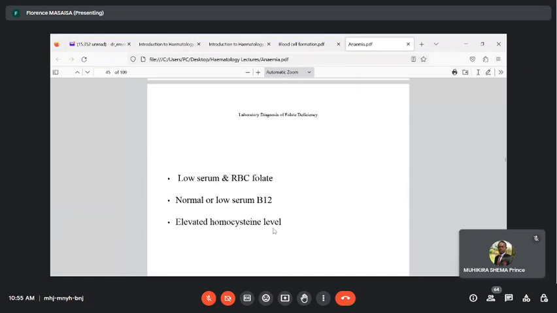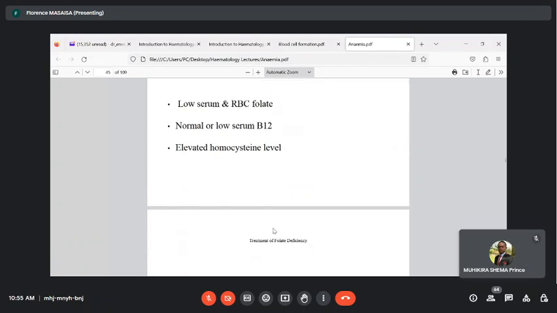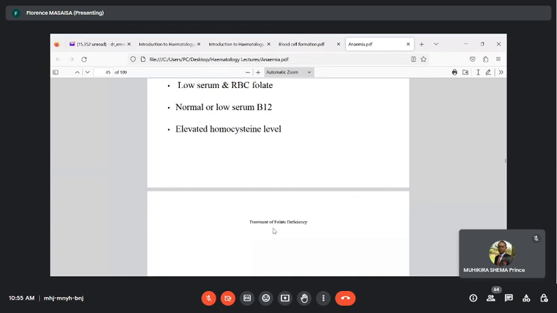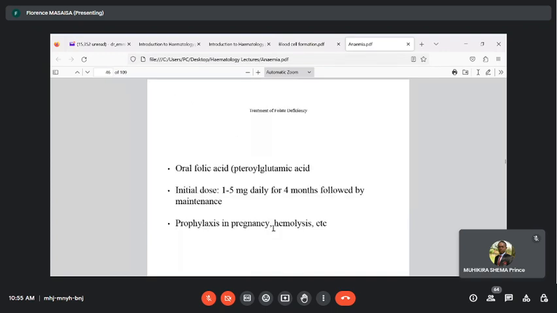So how do you make the diagnosis? It's just by measuring the folic acid in the blood. And if it is normal, you should also check for vitamin B12. You may also find an increase of homocysteine. We have shown the mechanism of how homocysteine may be increased.